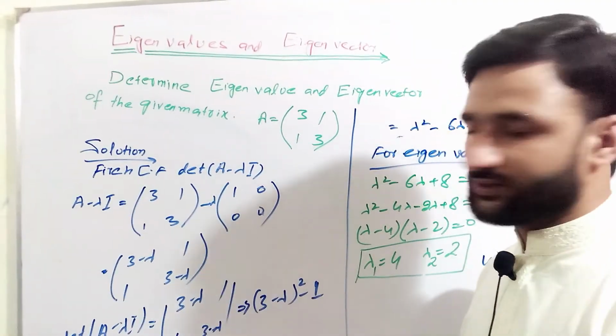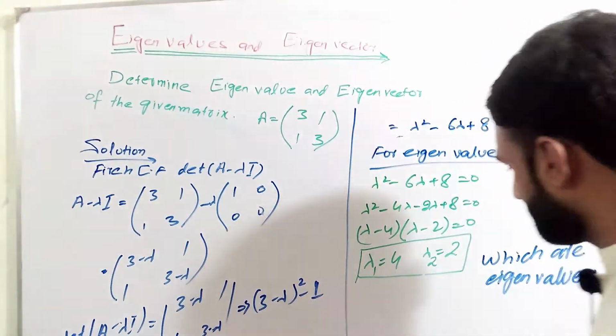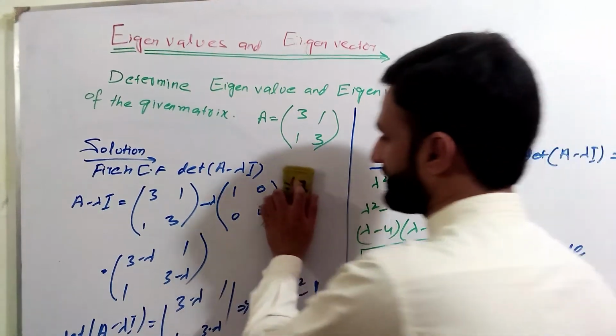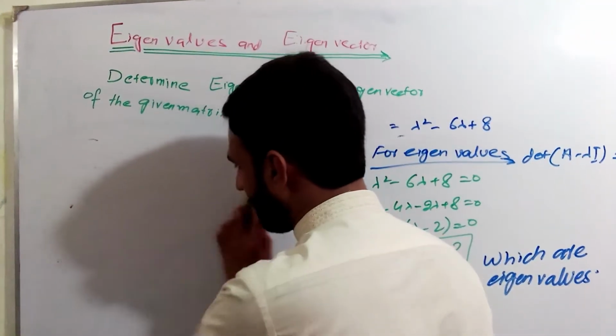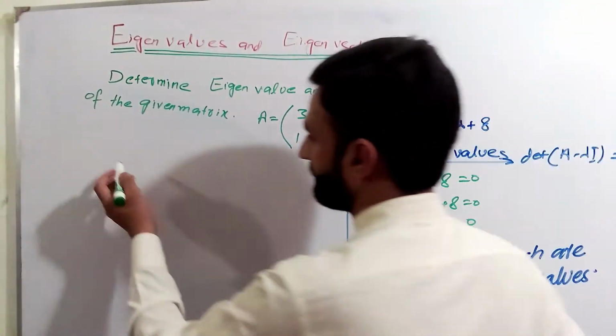For finding the eigenvector, we have already found the condition. For example, the first value is lambda 1 equal to 4. So here I'm going to remove this side for finding the eigenvectors.